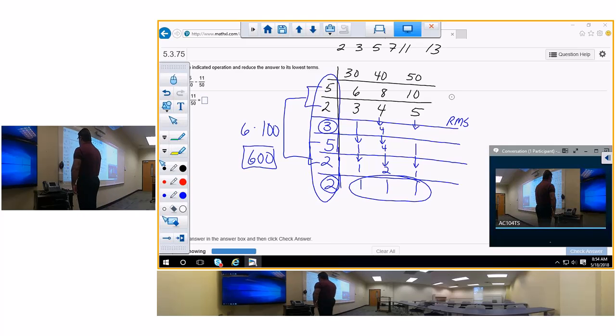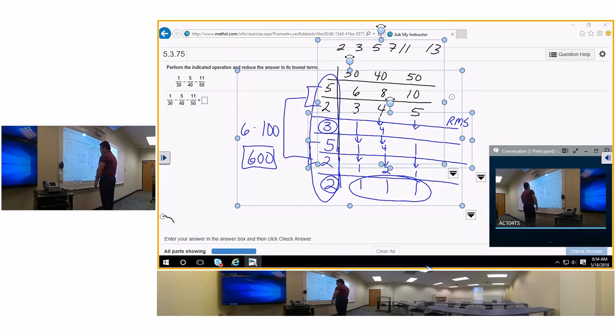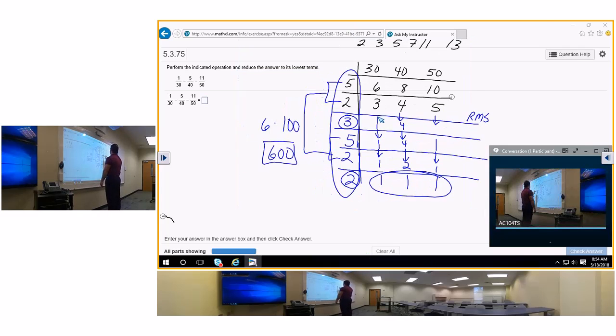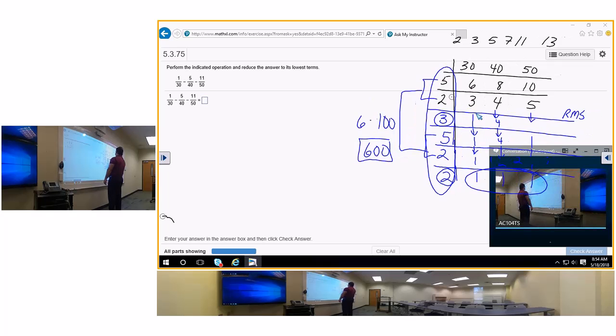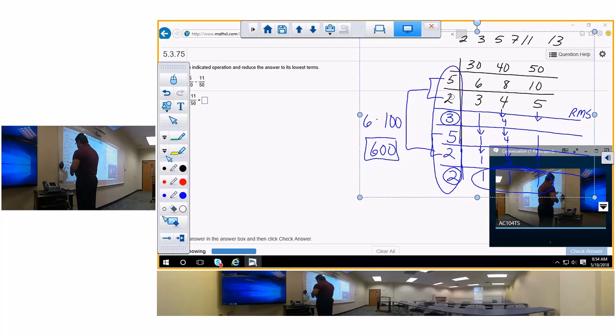Now I'm going to show you why this is a good trick to use. And I'm going to make this one group. And we're going to move this over here a little bit. Okay? So, I go down here and I put 600.